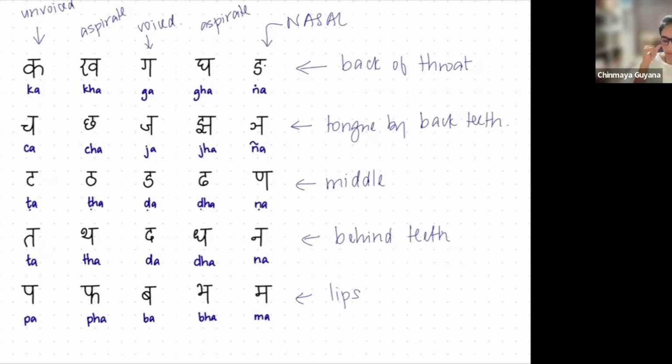Now see how the nasal works. Say na and g at the same time. Like say the word anger. When you say n, when you're trying to say g, it comes out as this sound.